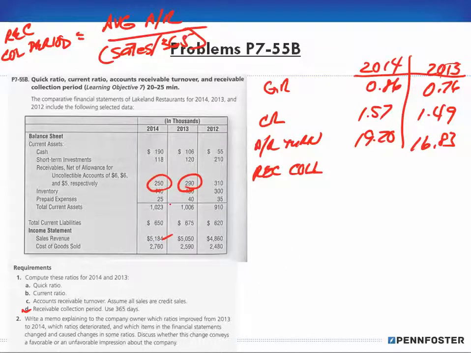So our average accounts receivable, or average net, I should have written net in there, net accounts receivable. And this here, of course, is our net sales.